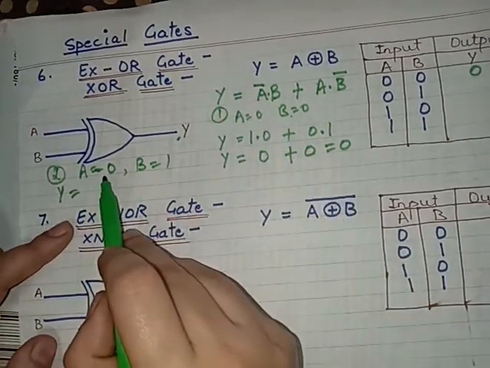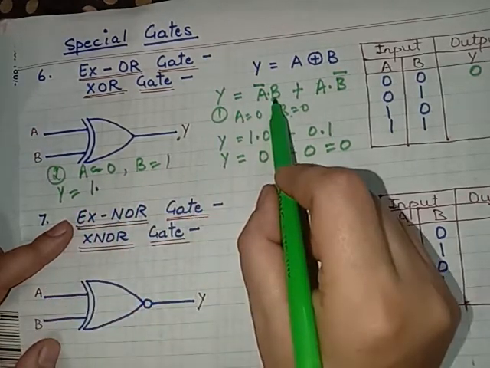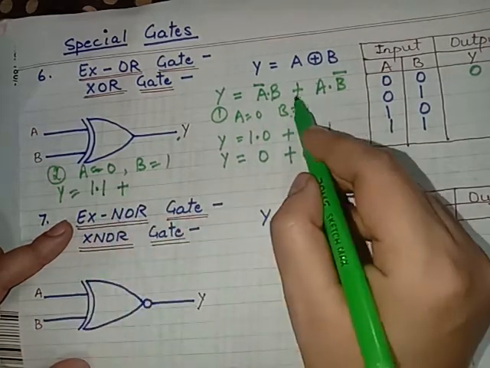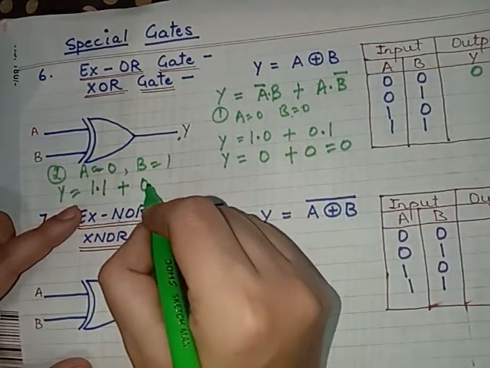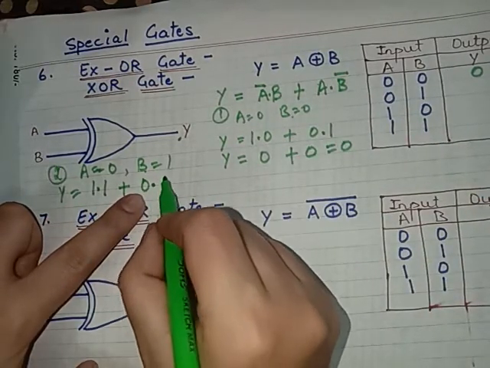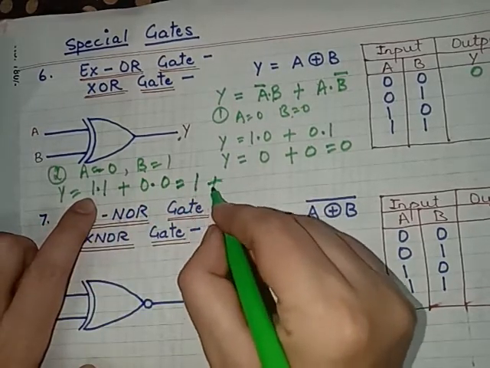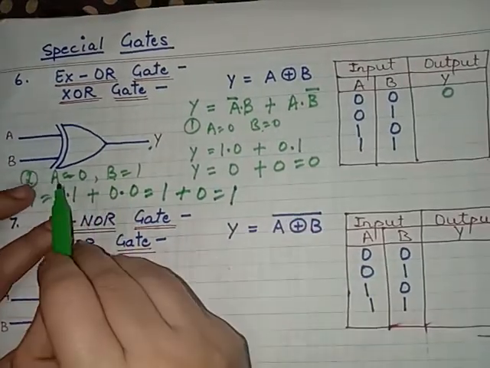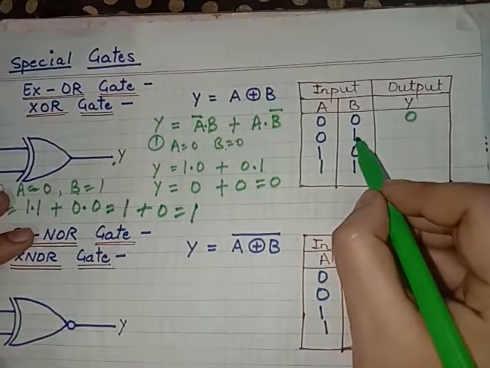A is equal to 0, that means A bar will be 1, and here B you have to take as it is, plus A, what A is here 0, and B bar you have to take. Now B is equal to 1, so B bar will be equal to 0, and now by solving this, 1 into 1 is 1, plus 0 into 0 is 0, so this will be 1. So when A is equal to 0, B is equal to 1, the Y is 1.